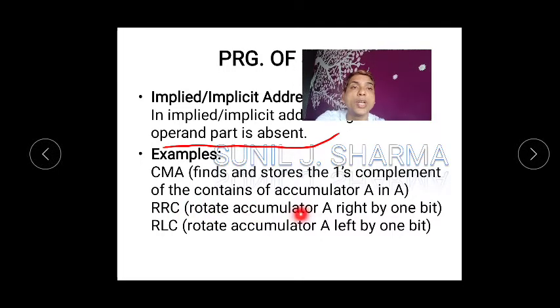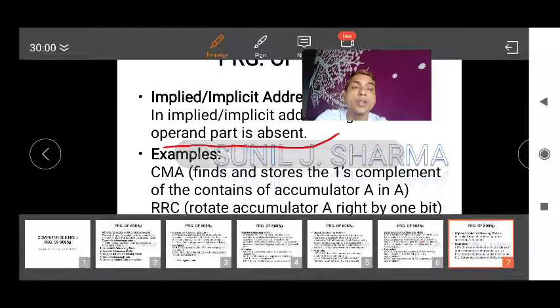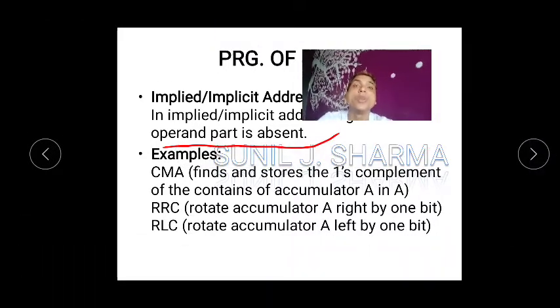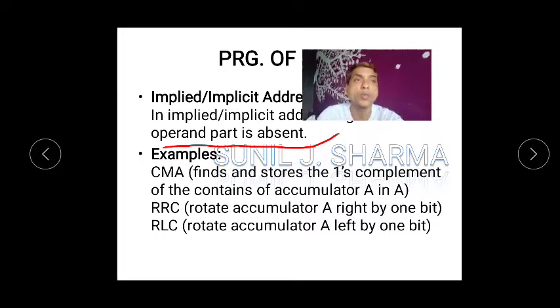Rotate accumulator right by 1 bit. RLC, rotate accumulator left by 1 bit. So remember that we don't have any operand part here. We have only the instruction part.